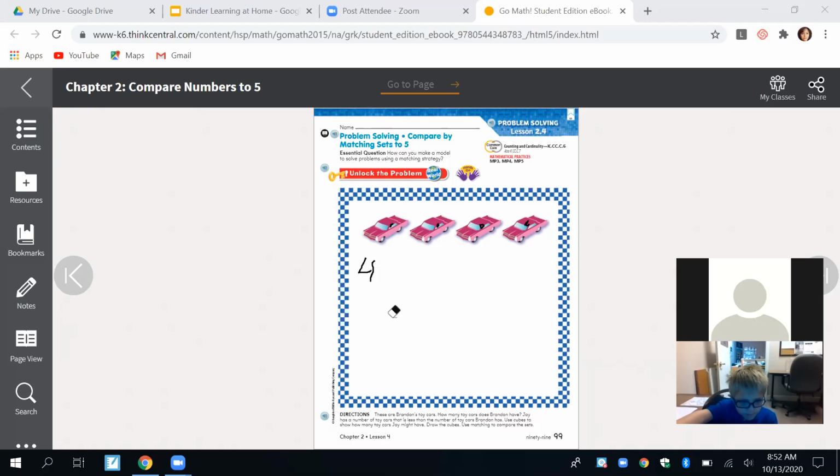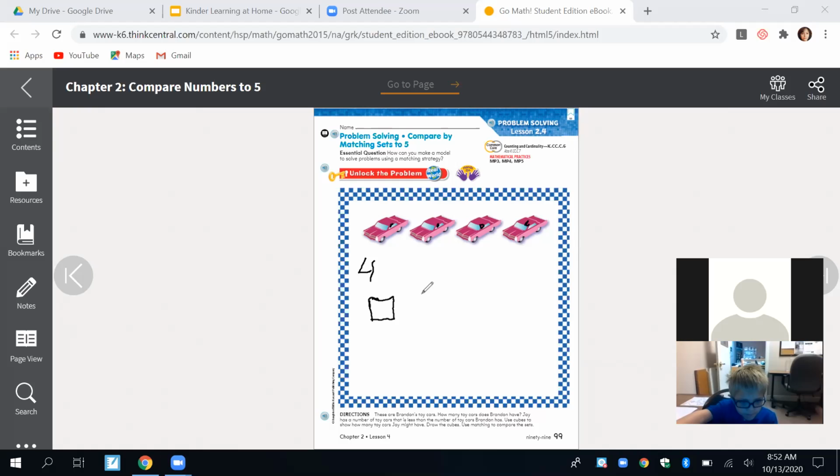So Tomas, how many cards do you think his friend has if it's less than 4? Can you tell me? 3. You think 3 is less than 4? Okay, let's make sure we're right. I'm going to draw cubes. Okay, 3 cubes.